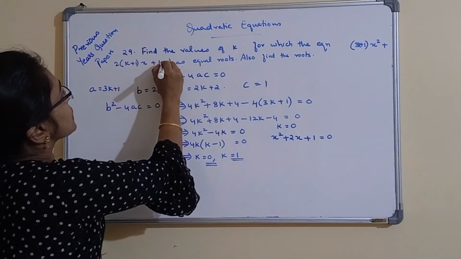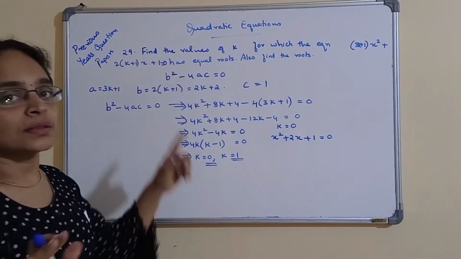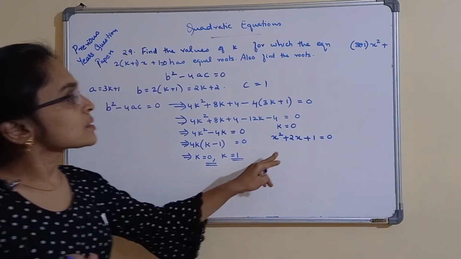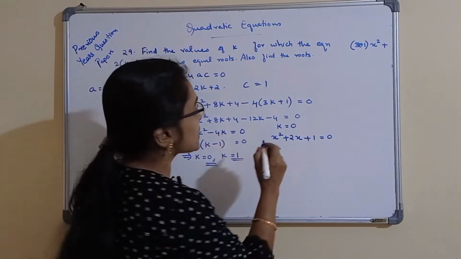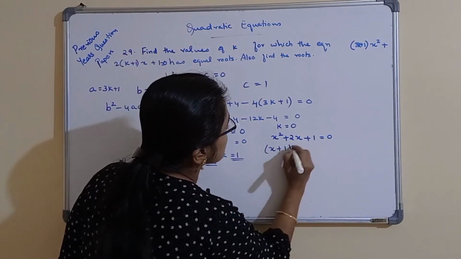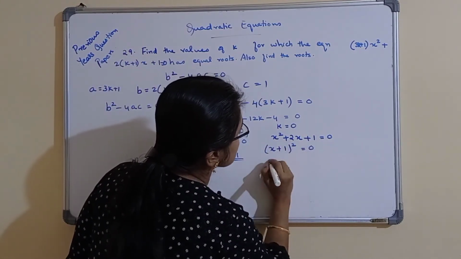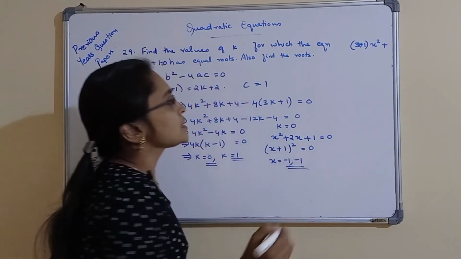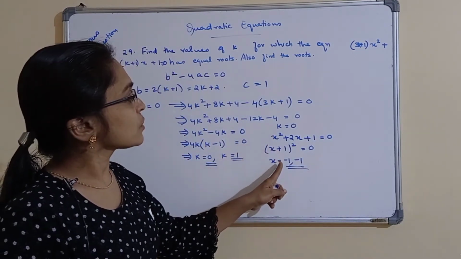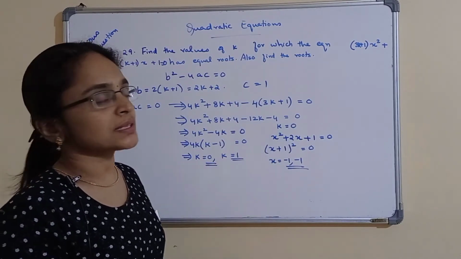This is the quadratic equation. So x square plus 2x plus 1 equal to 0, which means x plus 1 the whole square equal to 0. So x equal to minus 1 and minus 1. So when k equal to 0, we got x as minus 1.